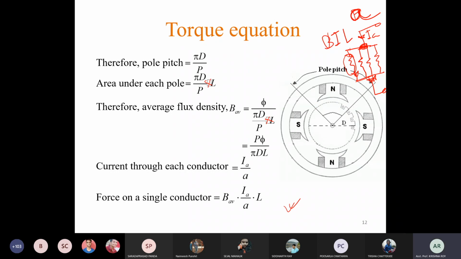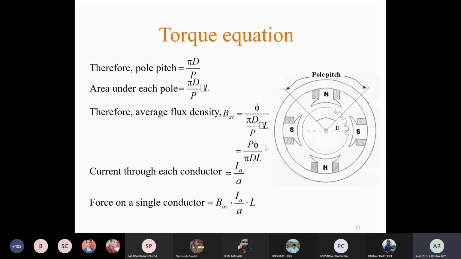No question. Okay. So the force on a single conductor is B average IA by A into L.